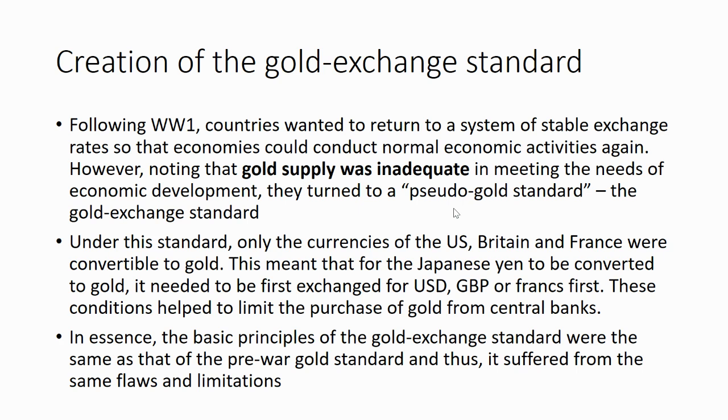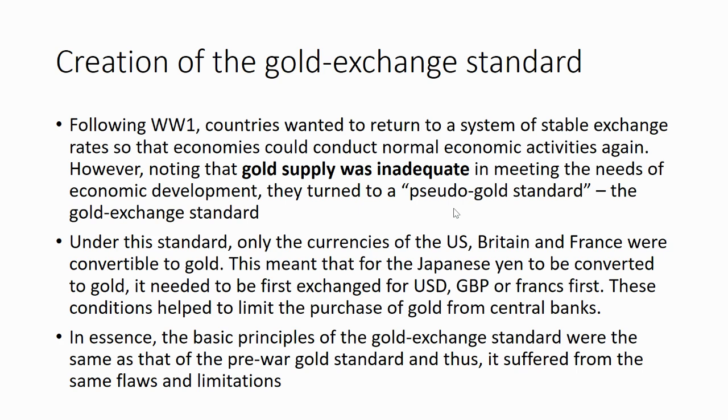But since it was noted that gold supply was inadequate, as we mentioned, being one of the key limitations of the gold standard, they turned to a pseudo gold standard, something that resembled the gold standard, and they termed it the gold exchange standard. Under the standard, only the currencies of America, Britain, and France were convertible to gold. So other countries' currencies were not convertible directly to gold.